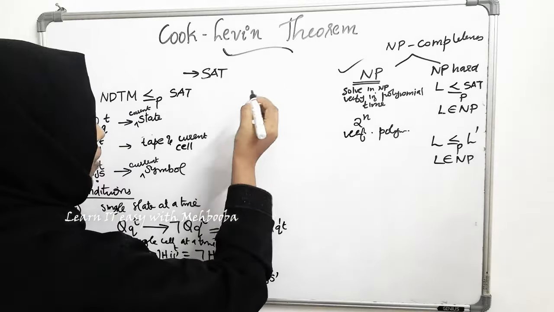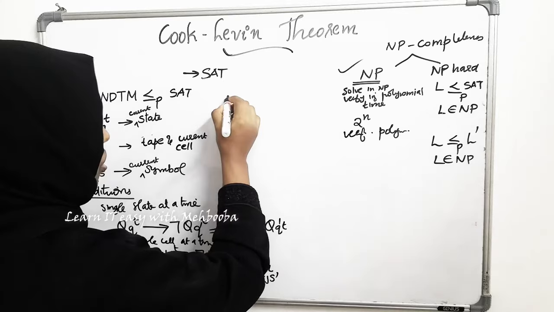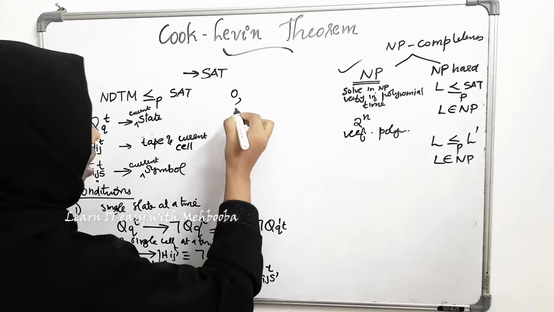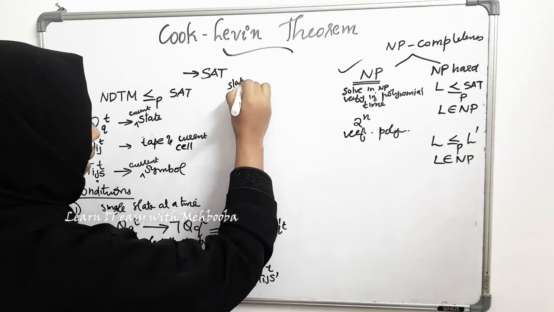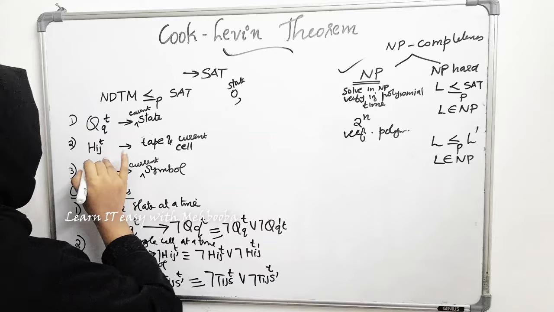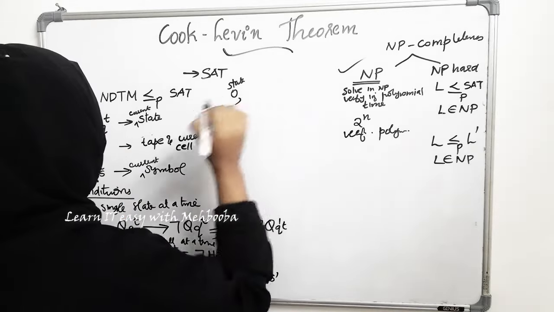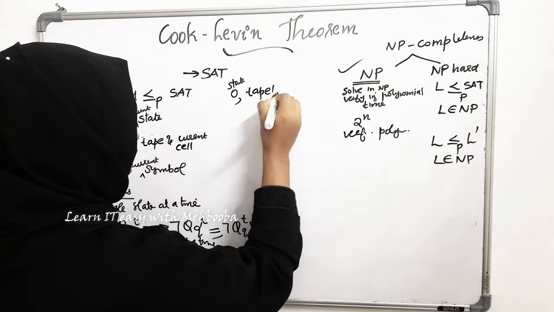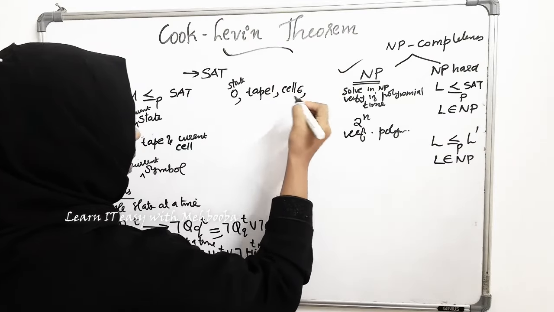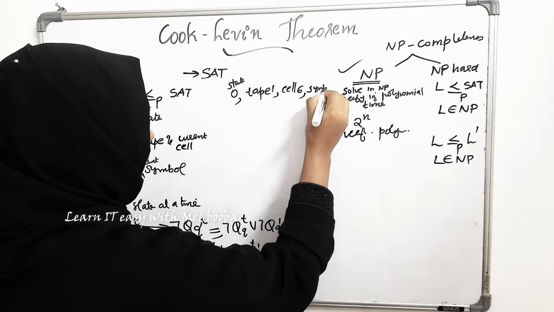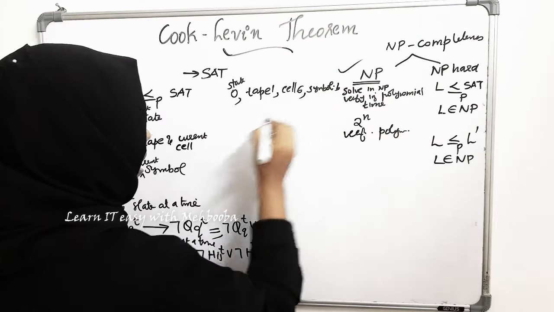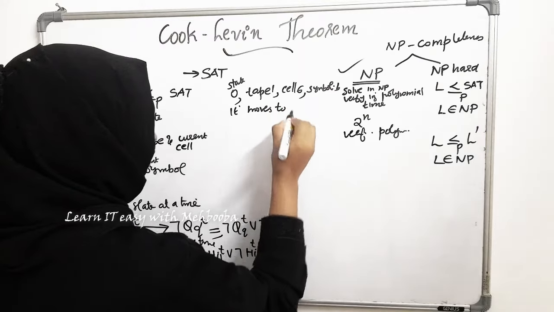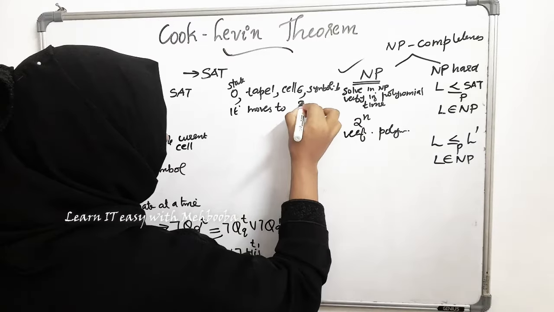For example, say the Turing machine is at state 0 at this time, so 0 is the current state, and it is at tape 1, cell j, say cell 6, and if it is seeing the symbol b, it moves to some state 2.